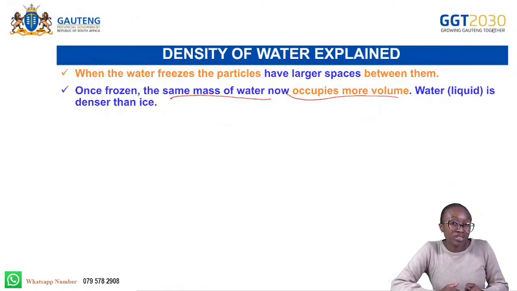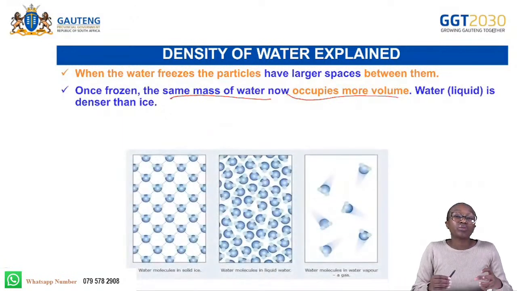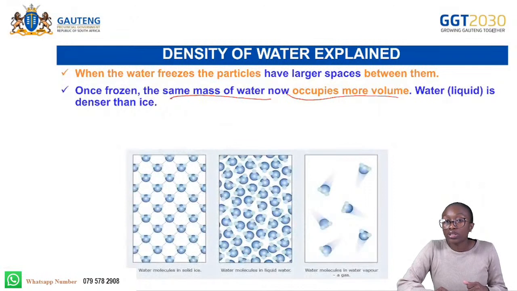Remember, the number of particles does not change, and the size of the particles does not change. What changes is the energy they possess and the spaces that exist between these particles. Once frozen, the same mass of water now occupies more volume because the spaces between the particles increase, and so liquid water is denser than ice.